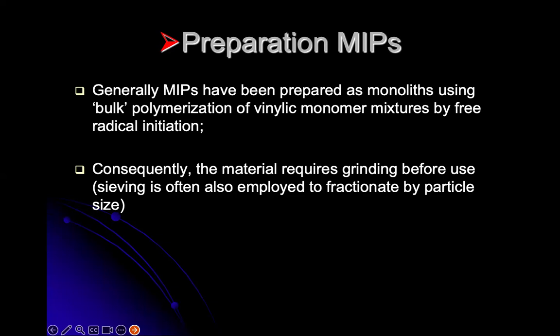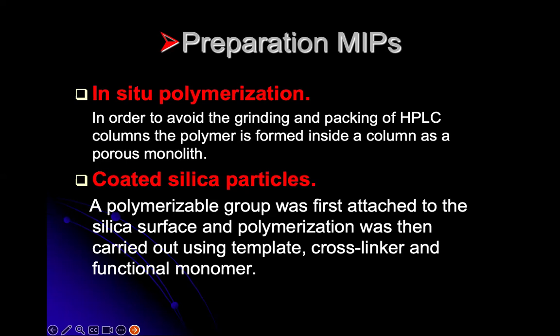Because finally you can have different forms of different sizes of polymer that you wish. If you choose radical polymerization and you end up with a monolith, a bulky hard polymer, you have to grind it, yeah? And then make sure it's to the size that you need, okay?